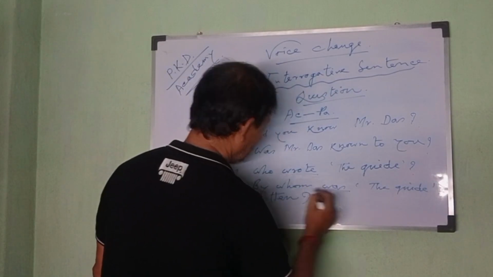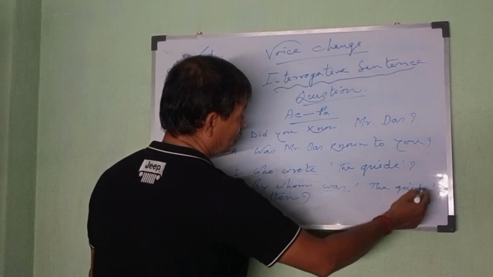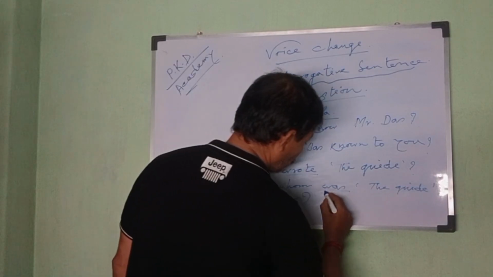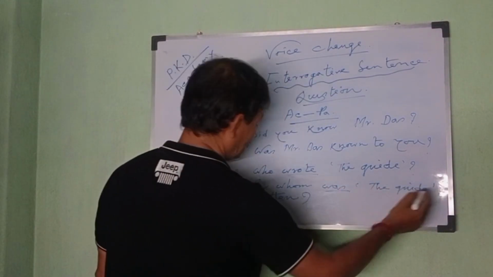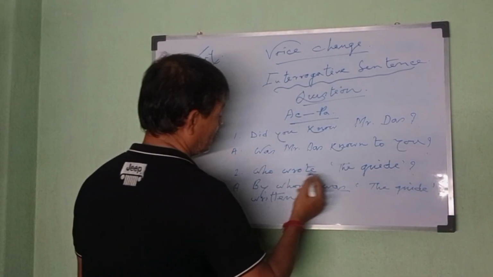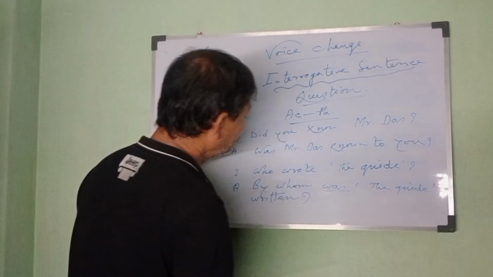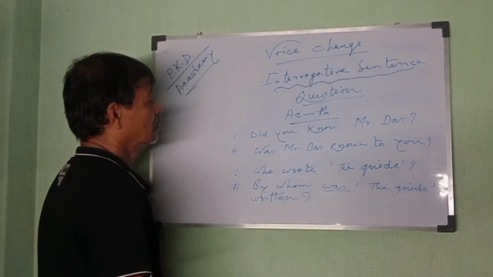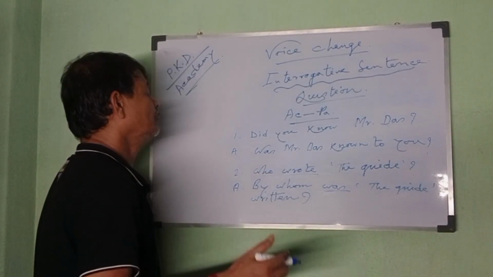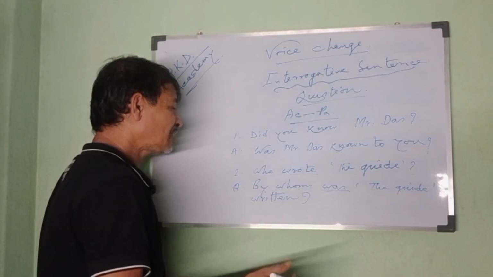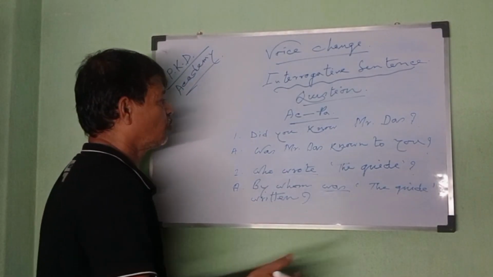That's why was, and the singular one, the guide, that's why was. So by whom was the guide written? The third form of the verb wrote is written, question marks. Okay, now I think all of you can understand how to solve the interrogative question in case of voice change from active to passive.